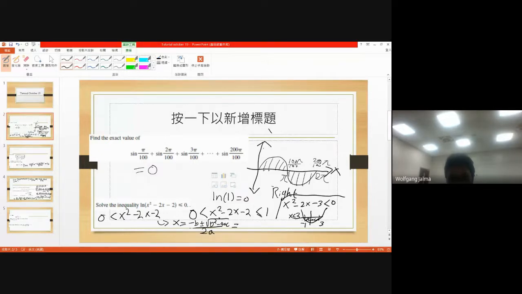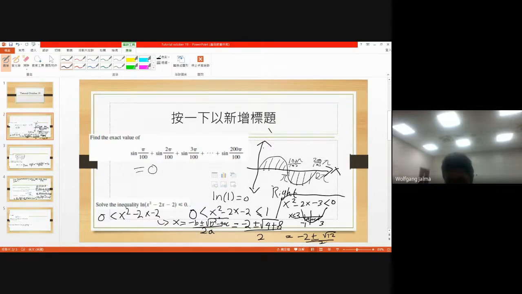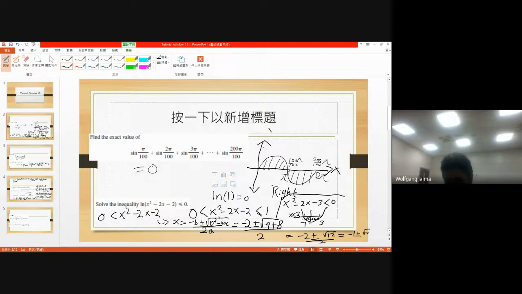This one, we have minus 2 plus or minus the square root of 4 minus, minus what, of plus 8, right? Over 2. Okay, so it must be minus 2 plus or minus the square root of 12 over 2. So yeah, it is minus 1 plus or minus the square root of 3.